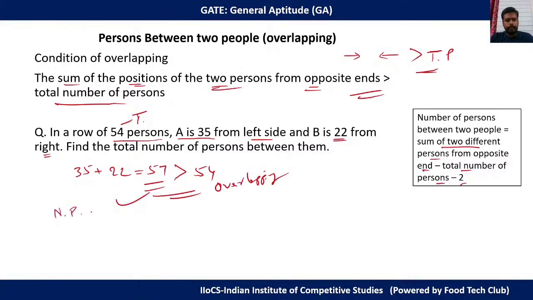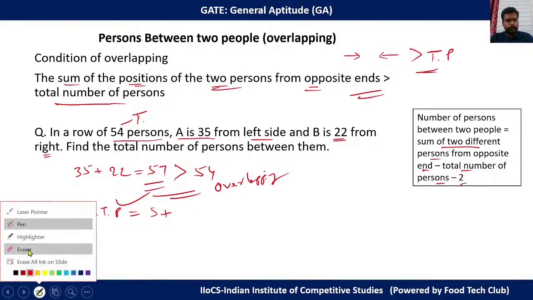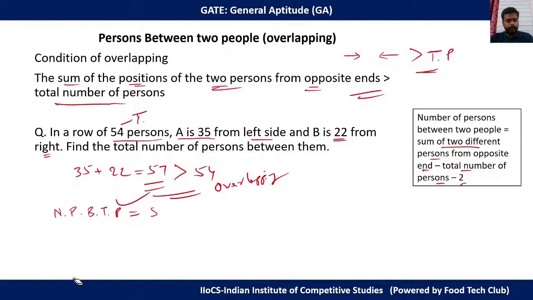Number of persons between two people is equal to sum of two different persons' positions from opposite ends, minus total number of persons, minus 2.